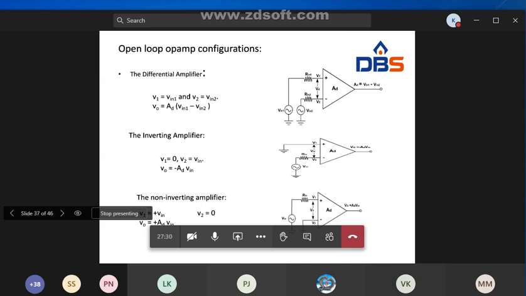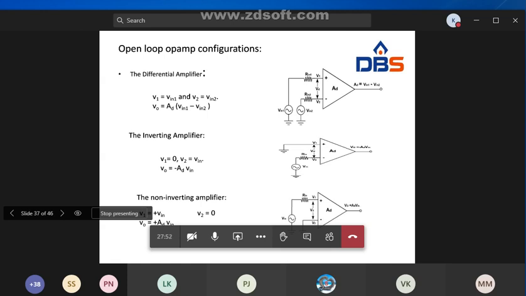Second one is non-inverting amplifier. In the non-inverting amplifier, the input voltage is applied to the non-inverting terminal, that is, it is applied to plus, and the inverting terminal input will be 0.